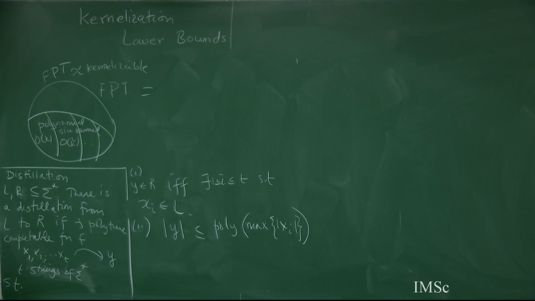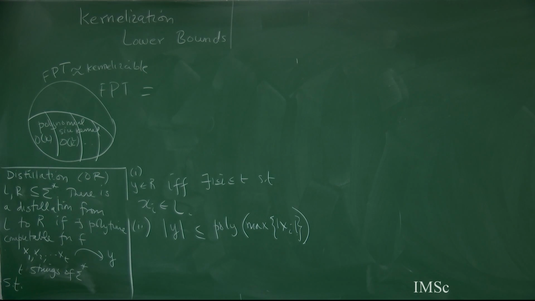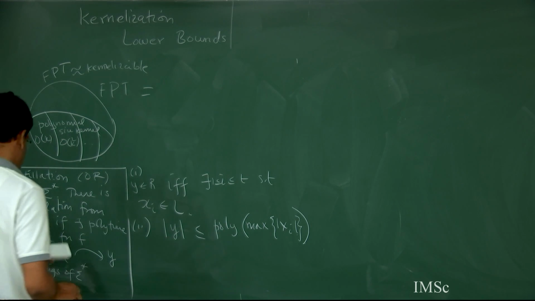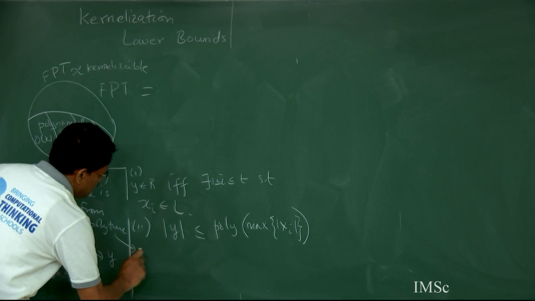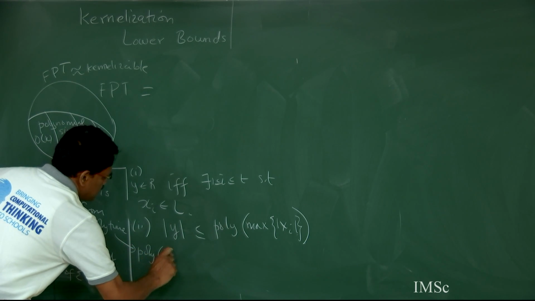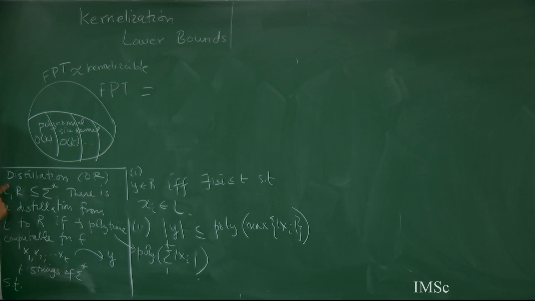So, this is also called OR distillation, and the running time is polynomial in the sum of |x_i|. So, it takes t instances from this language and produces a y such that y is in the language R if and only if any one of these is in L.